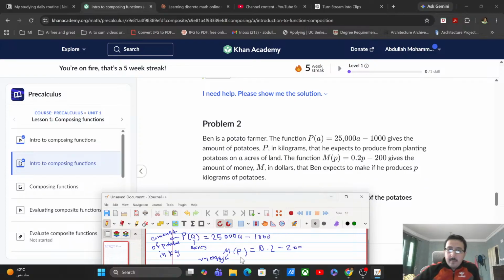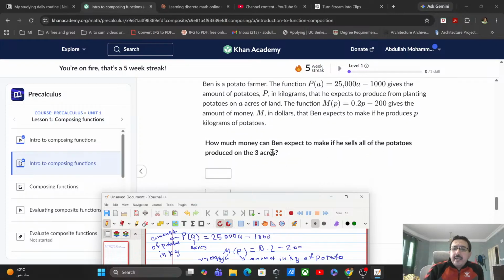P is the amount in kilo of potato. Okay.